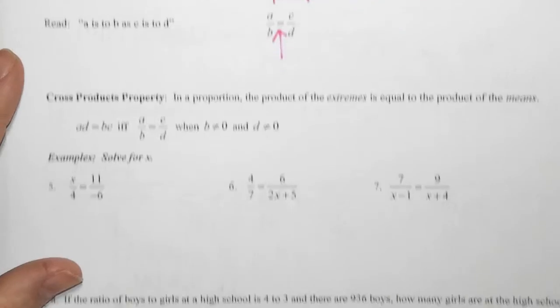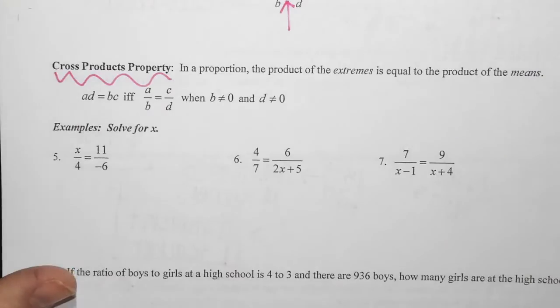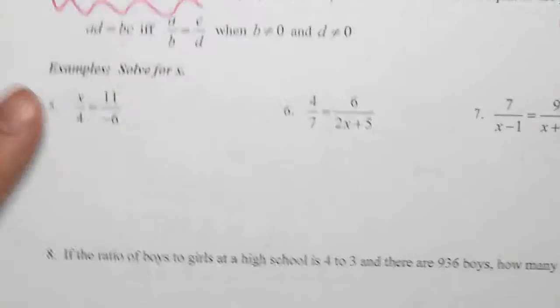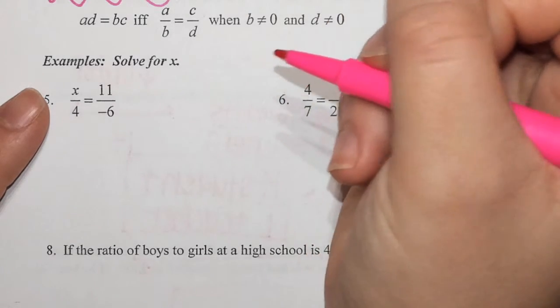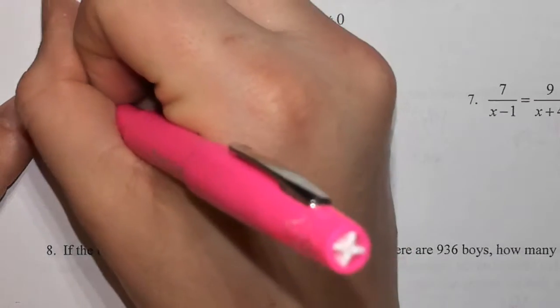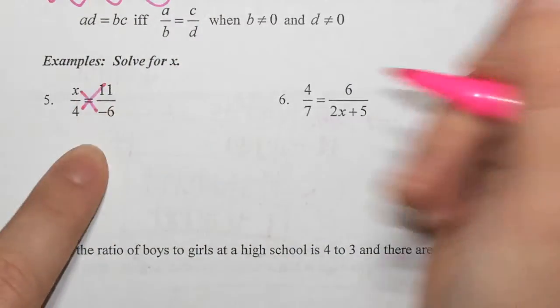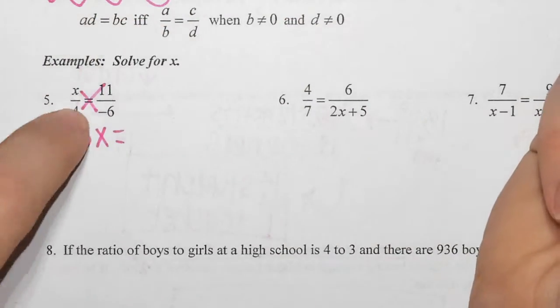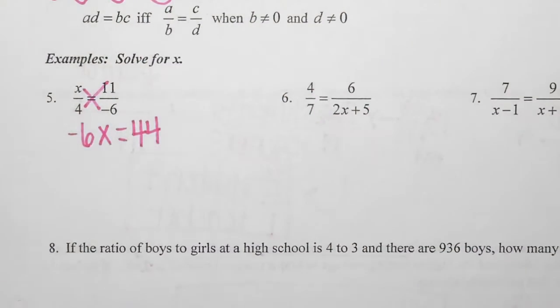So, there's this thing called cross multiplying or the cross products property. I hate this. Oh, it's not bad. Cross multiplying. So here's what you do. You literally cross multiply. So x times -6 is -6x, and 4 times 11 is 44.